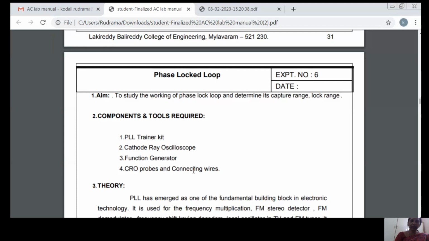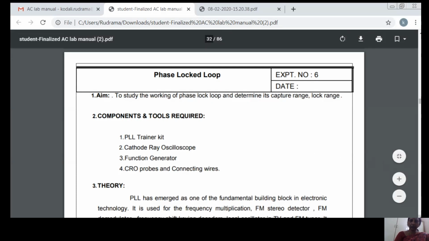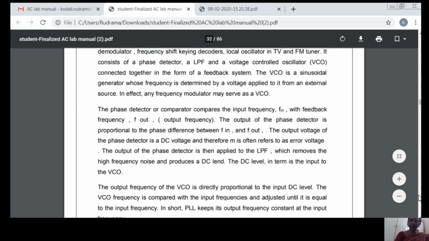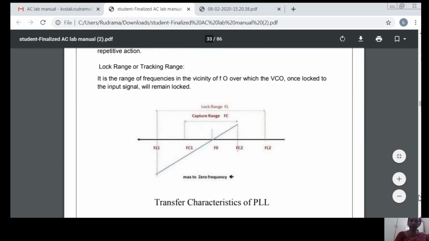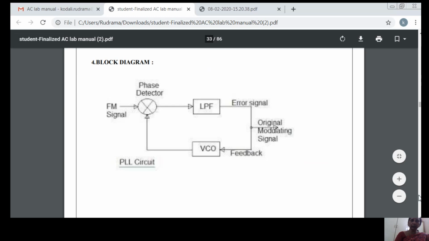So now see the phase lock loop basic building block. This is phase lock loop experiment number 6, and this is the block diagram. Why the name PLL, phase locked loop?